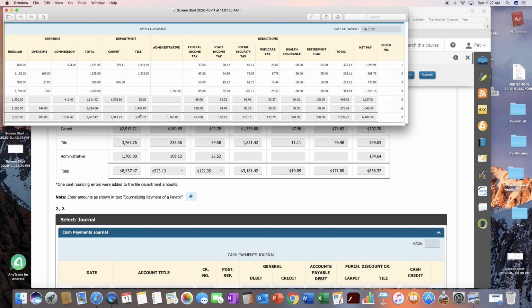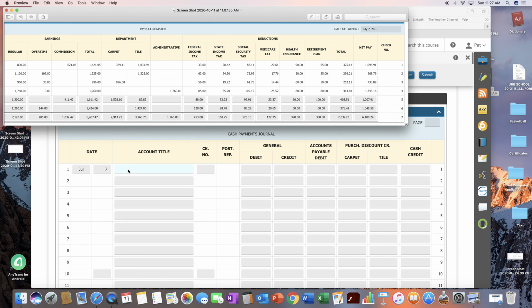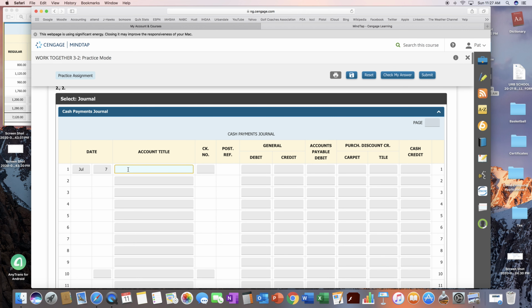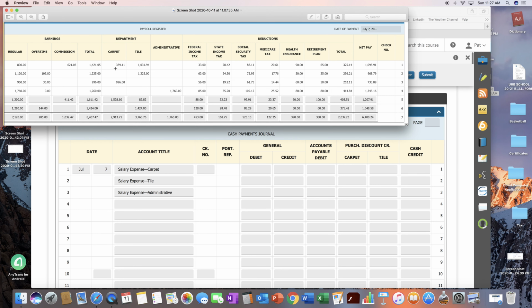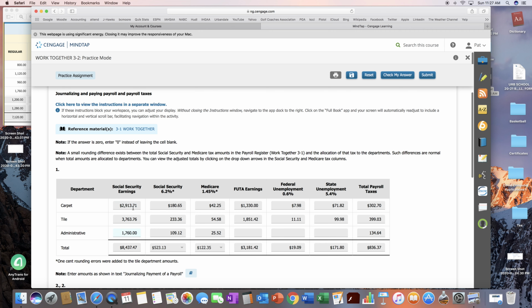So total earnings for each department is considered salary expense. We're going to do salary expense carpet, salary expense tile, and then salary expense administrative. We're getting those three again from the totals in the payroll register or the total Social Security earnings.